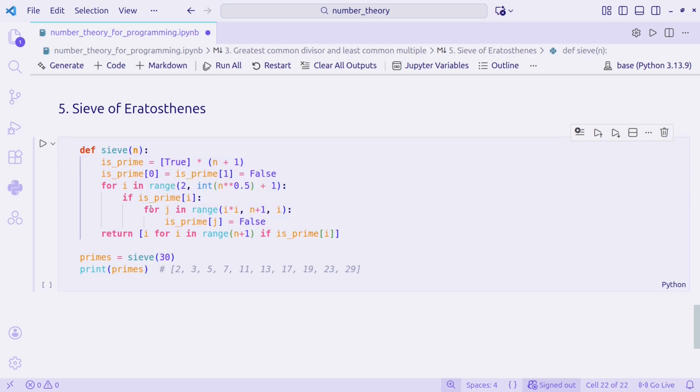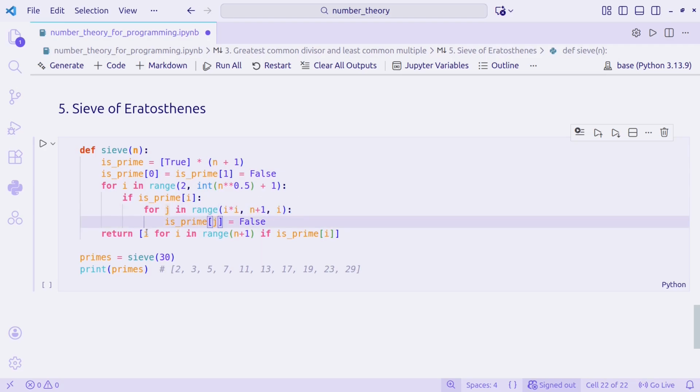So I will go to this for loop and I pick up this i to check for i squared, and then I need to have a jump by i, which is the step size to simulate p squared plus p, and the final stage is n minus 1, so we reach n at most. Okay, and if i is really a prime number, I would like to claim that for all these j's, they are really not prime numbers.